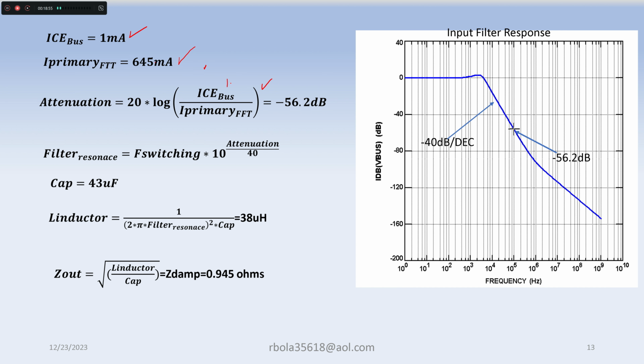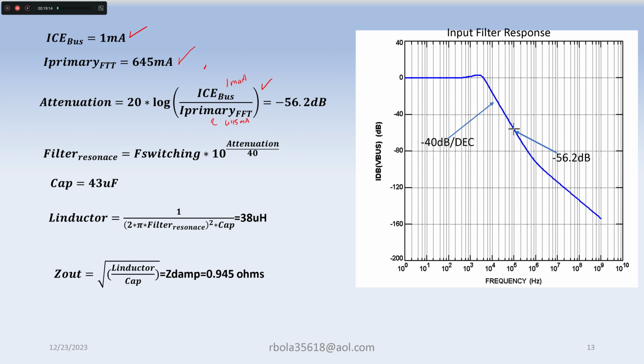Remember, this is supposed to be 1 milliamp, and the primary current is 465 milliamp. So to get that attenuation, you need negative 56.2 dB.